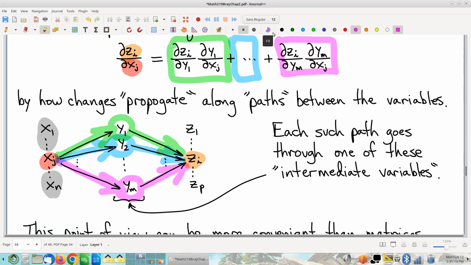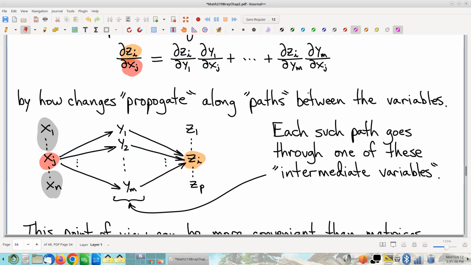And each path corresponds then to a term in the summation that keeps track of the partial derivative that we're interested in. So intermediate variables give rise to paths, which give rise to terms. And thus, if you just know what your intermediate variables are, right?